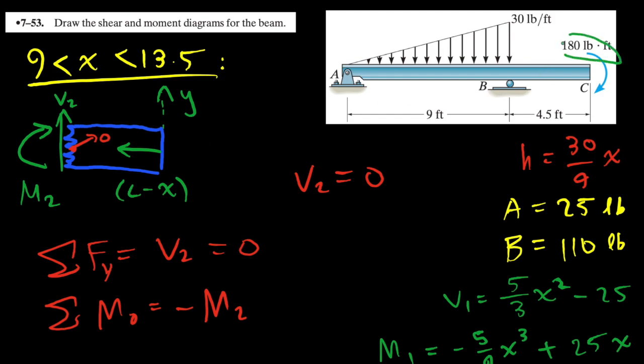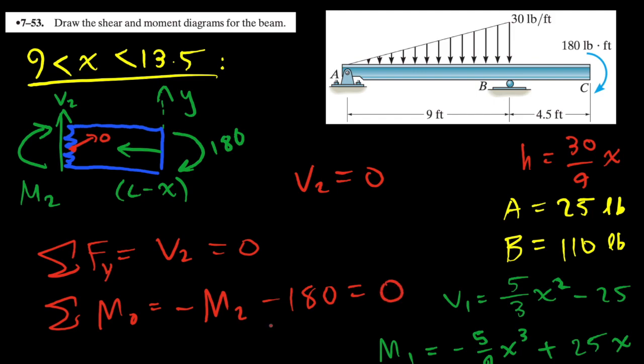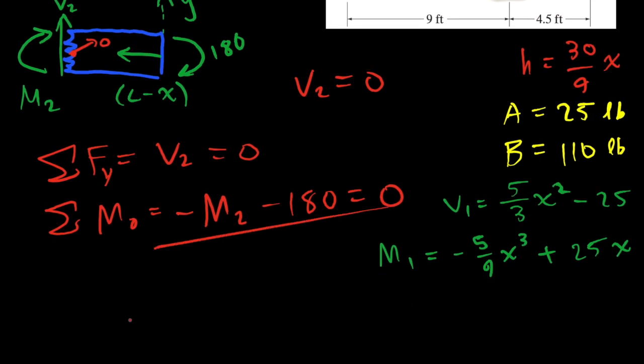We have a moment of magnitude 180 applied at point C. So in addition to this M2, we have a 180 pound-foot moment applied at point C, and we see that it is clockwise. So we say negative M2 minus 180 is equivalent to 0. Solving this very simple algebraic equation, M2 is equivalent to negative 180 pound-feet.